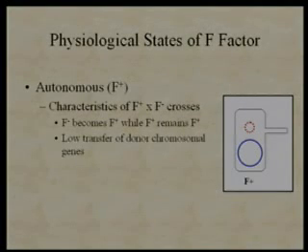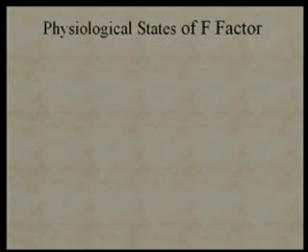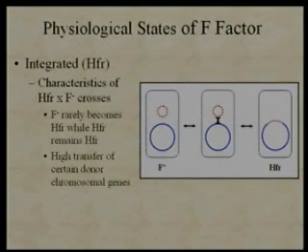The original donor will remain a donor. And there will be a low frequency of transfer of donor chromosomal genes. So we're going to convert the recipient to a donor, we're going to keep the donor a donor, and we're going to have very low transfer of these donor genes on the chromosome. All right. The second way that F can exist is integrated into the chromosome.